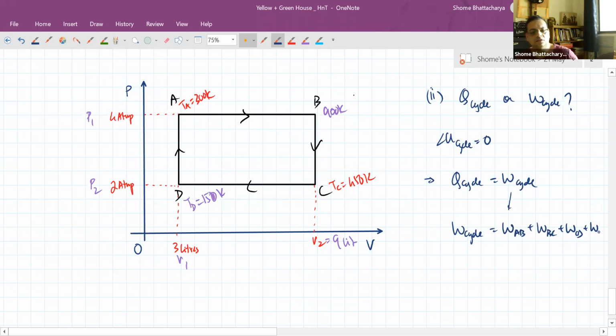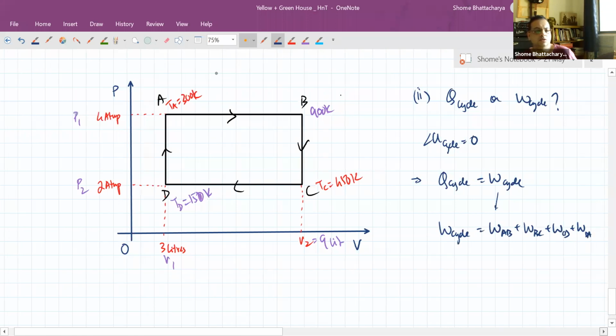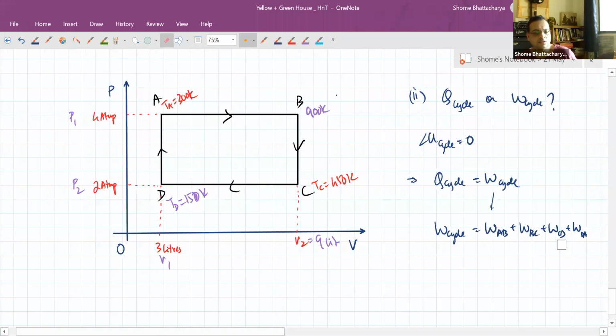Now that too becomes further simplified because during the process DA, you can see W is 0, and during the process BC also, the work done in those isochoric processes is 0. So these two are going to give me 0.